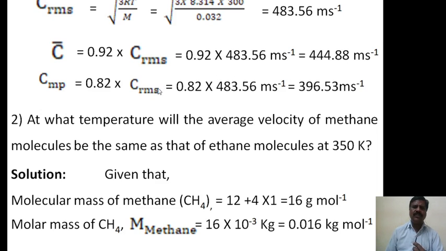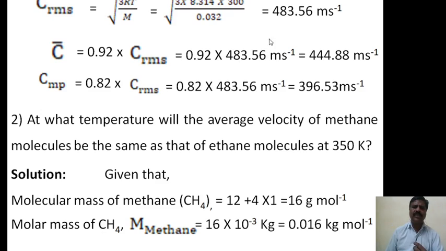And we also know the relation between most probable velocity and RMS velocity. Most probable velocity is equal to 0.82 into root mean square velocity, which can be written as 0.82 into 483.56 meter per second, and after multiplying we get 396.53 meter per second.